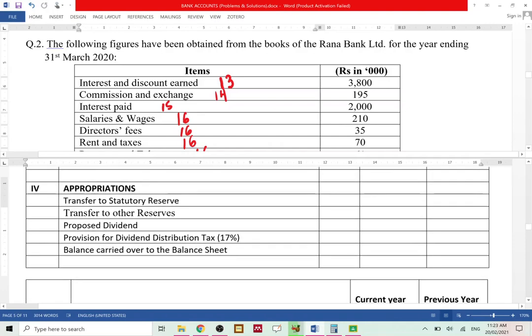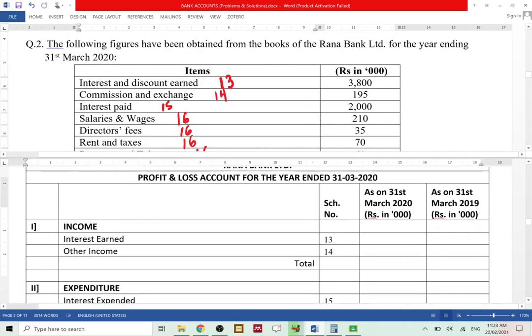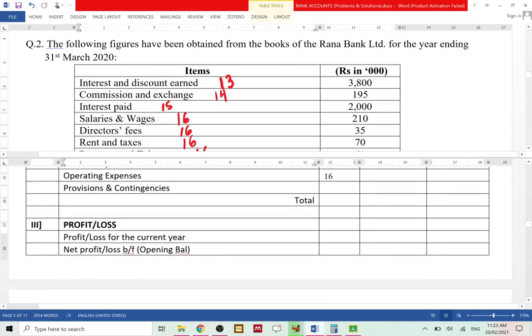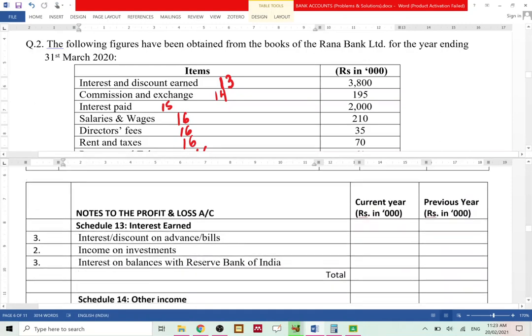So let's prepare. This is the format of the profit and loss that I've already drafted out, prepared the outline. This remains the same. Interest on other income, these schedules, what comes under here remains the same. Appropriations might differ slightly depending on whether dividend is given, not given, what type of reserves are there, and so on.